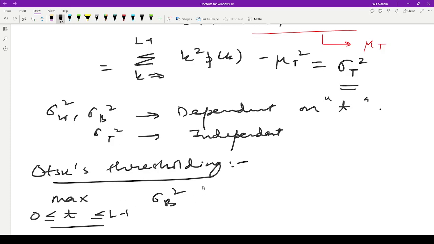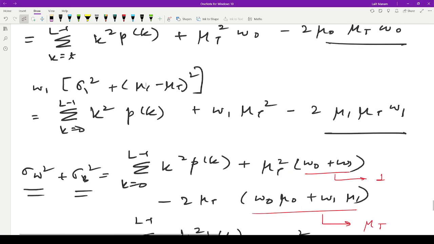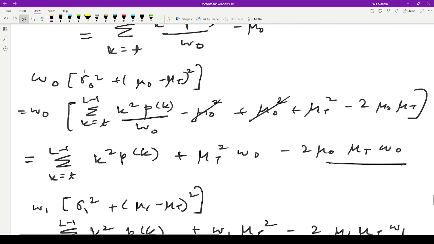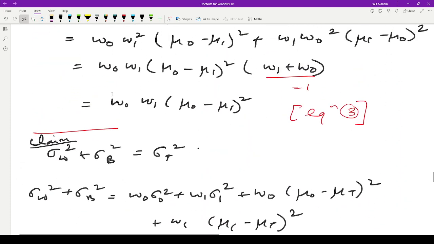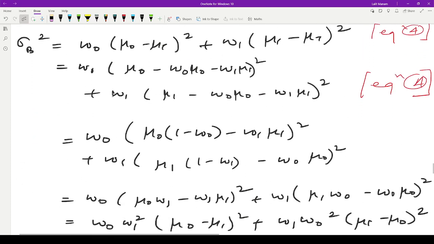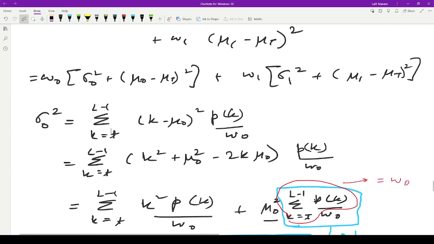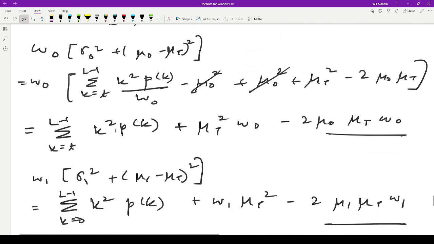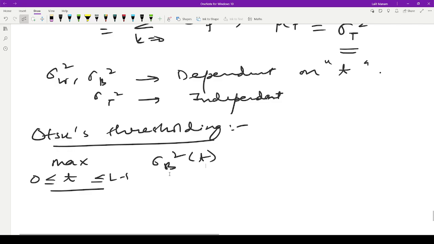So between class variance is a function of t, as clearly seen, because all these expressions, the summations, are dependent on t. So we want to maximize the between class variance. That's the way it was defined in the class, and that's the aim as well.